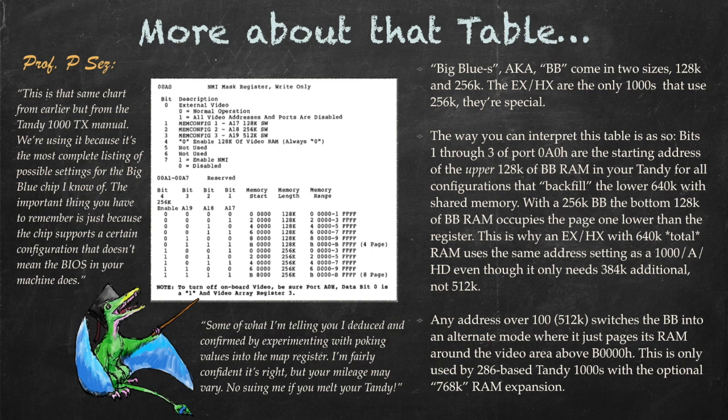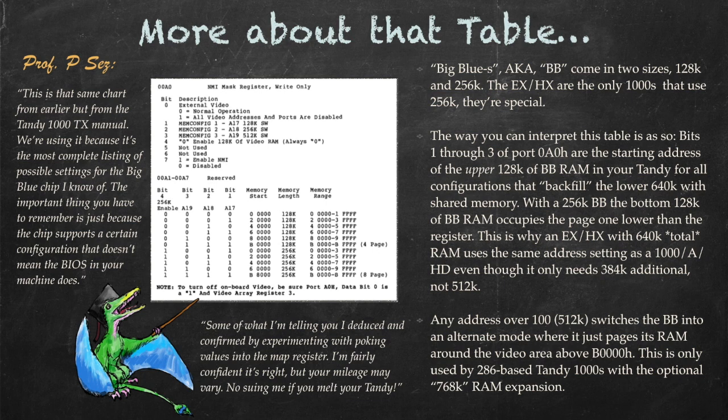So I'm just going to touch really quickly on these bullet points. So there are two kinds of Big Blue. The ones in all Tandy 1000 models other than the EX and the HX have 128K wired up behind them. Only the EX and HX have 256K.